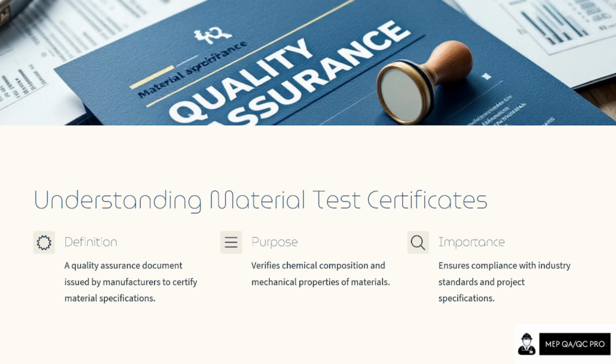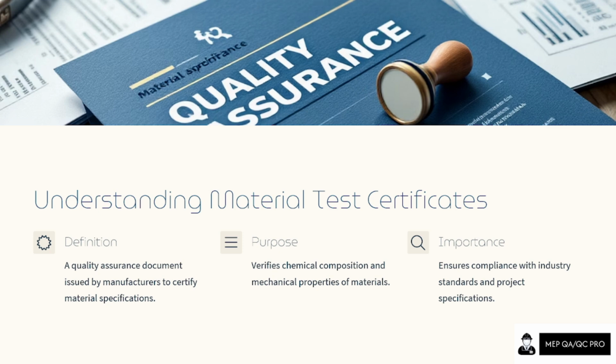What is the purpose? Why do we use this material test certificate for your material? First one is that this will verify the chemical composition used to prepare that material and the mechanical properties of that material.